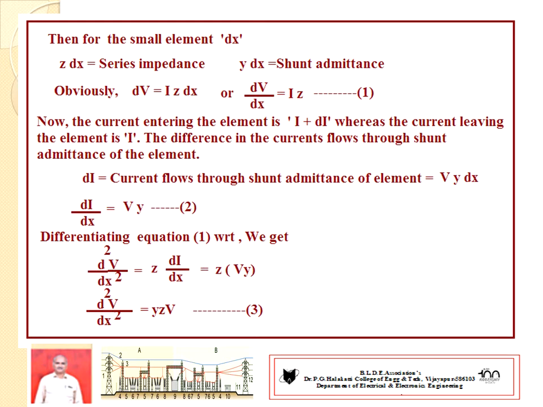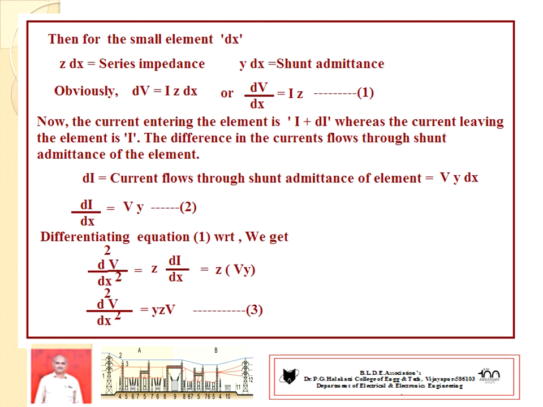So dI equals V into y dx. Bringing the dx to this side, dI by dx equals V into y. This develops equation 2. These two equations are the starting points. Remember them very thoroughly.